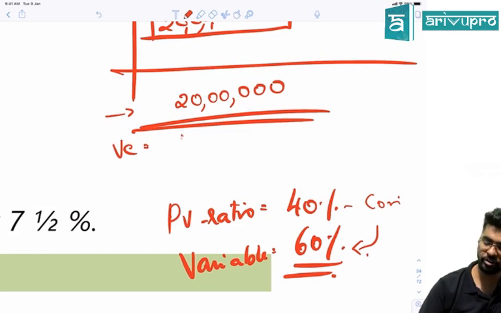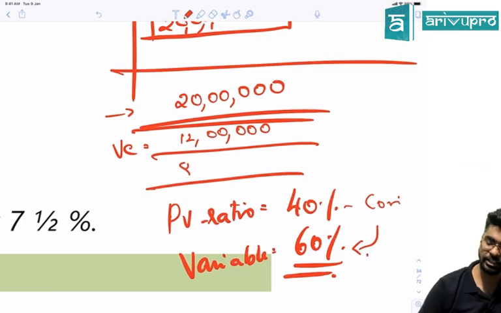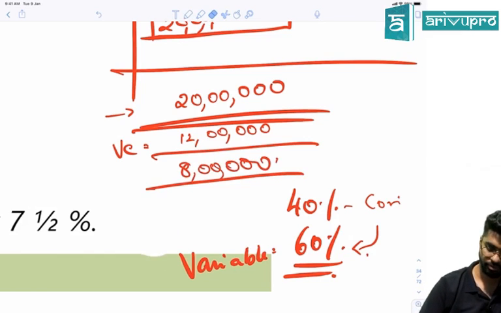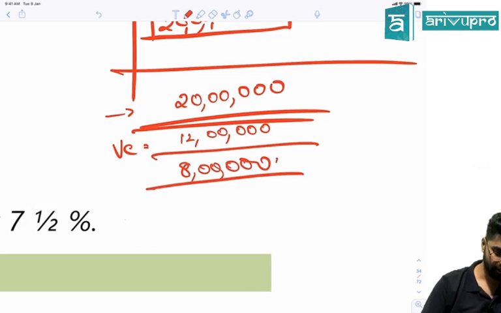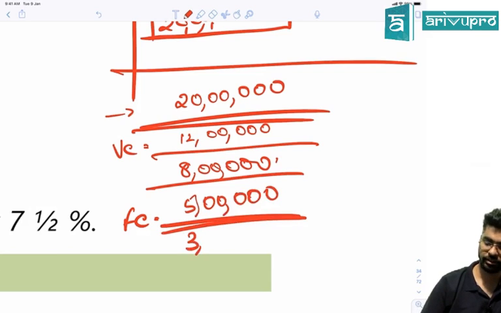Therefore, contribution will be what? 8 lakh. Contribution minus my fixed cost. What is my fixed cost? 5 lakh. Therefore, I'm making a profit of 3 lakh. Are you clear?